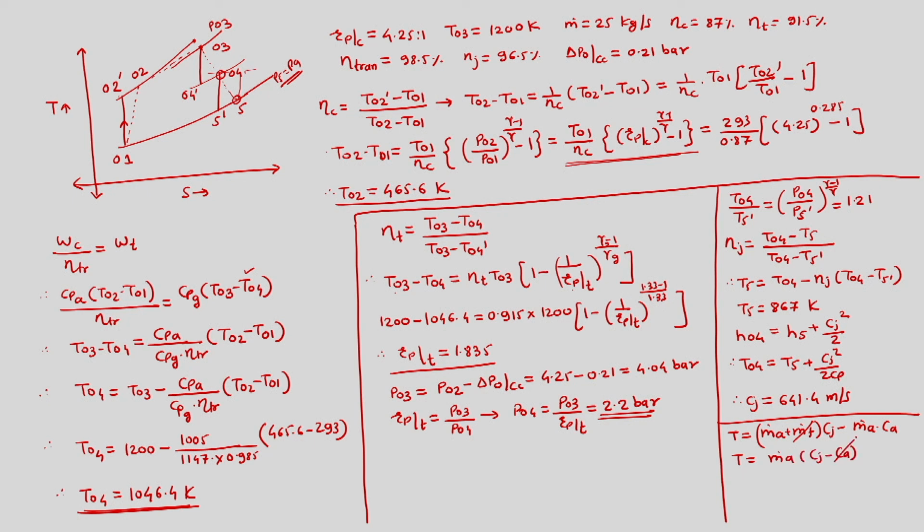Further, Ca at sea level is 0 velocity, so it is m dot A into Cj. We have calculated Cj, and m dot A is given, which is 25 kg per second. So thrust is equal to 16036.6 Newton.